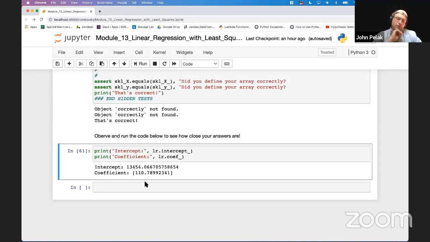For a 1,000 square foot home, we would add $111,000, so 111 plus 13 is $124,000 for a 1,000 square foot home. And then for every additional 1,000 square feet, we'd add on another $111,000. So 124 for 2,000 would be 235, I think. So you can see this model lends itself to that kind of interpretation.